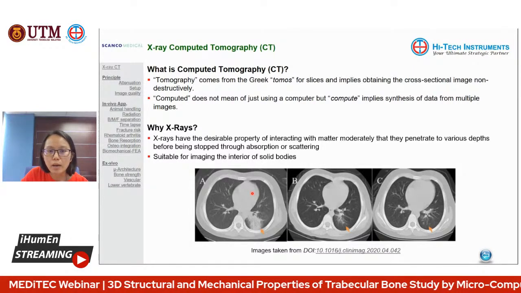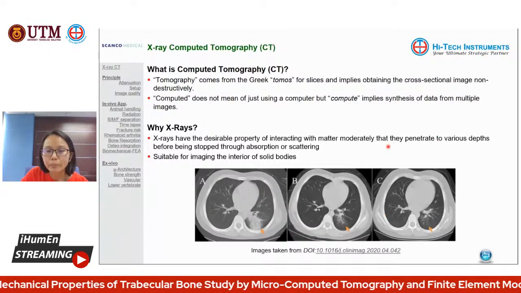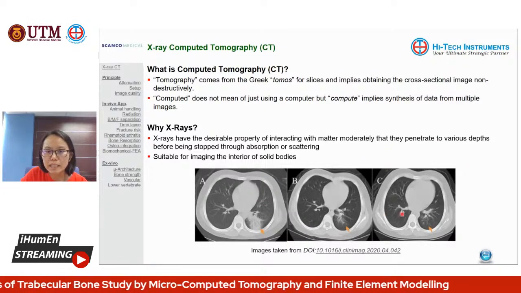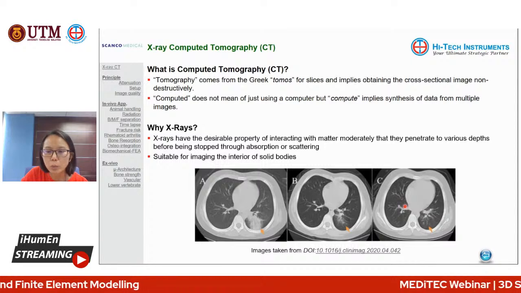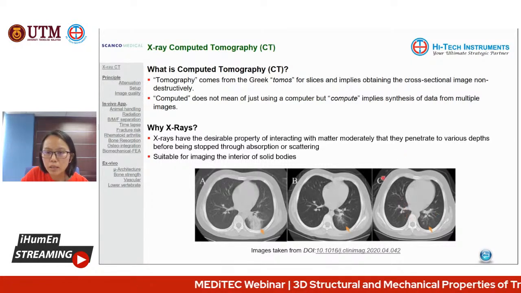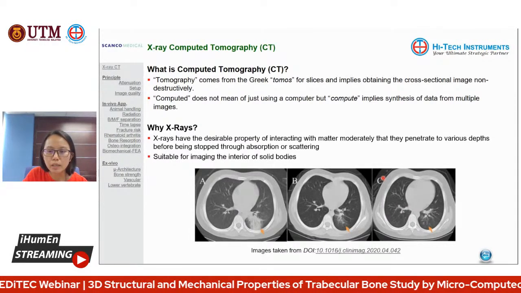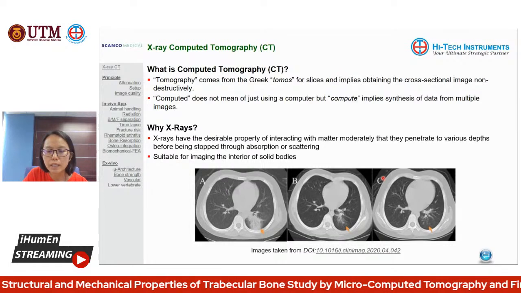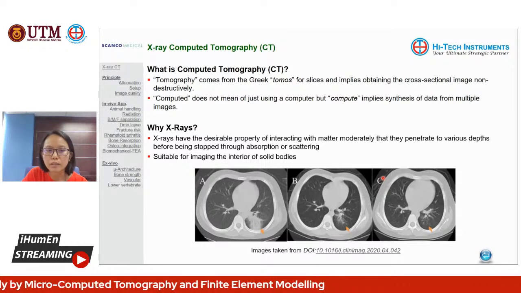So as it's recovering, when it comes to the 16 days of recovering, you can see the consolidation at the lower left lung lobe here has slowly disappeared, and it actually correlates to the RT-PCR test with the nucleic acid SARS-CoV-2 test, which was taken on day 16, and it tested negative.